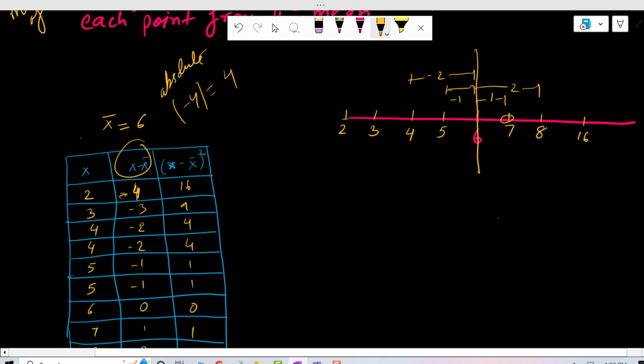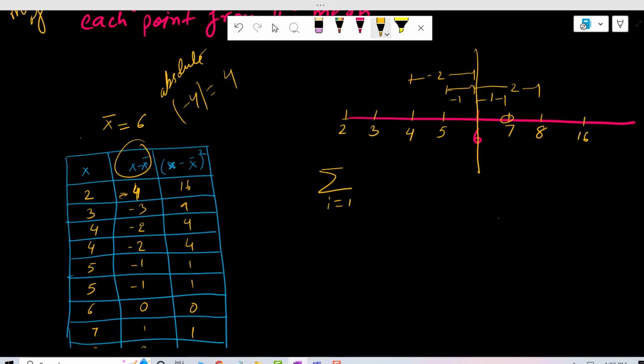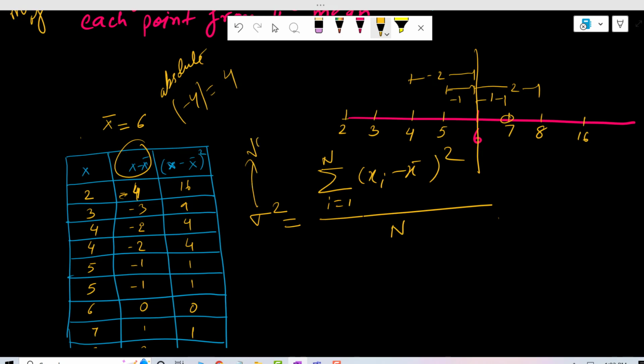Let's write it as summation i equal to 1 to, let's write capital N for now, summation xi minus x bar whole square divided by n, where n is the count of the values, and this is called sigma square, and this sigma square is called variance.